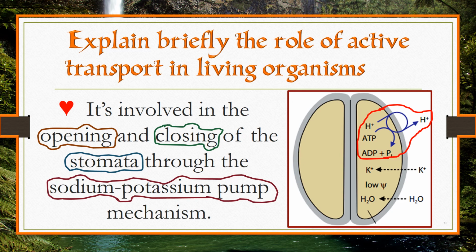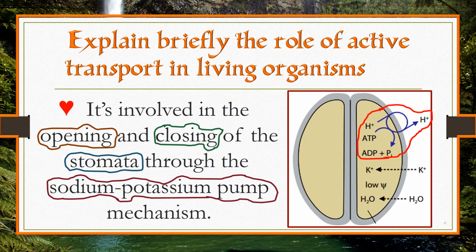And when the pump is provided with energy, it is going to pump the hydrogen ions out of the guard cell to the surrounding cells. And when that happens, it means that now the concentration of hydrogen ions in the guard cell is going to reduce. And when it reduces, inside the guard cell becomes negatively charged.